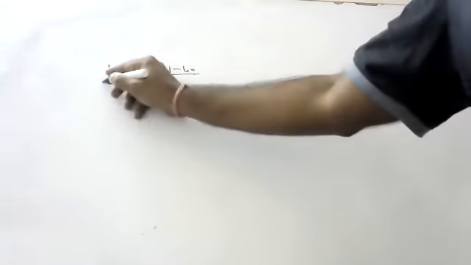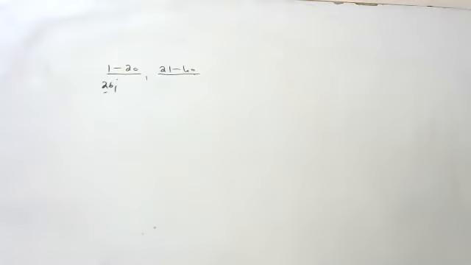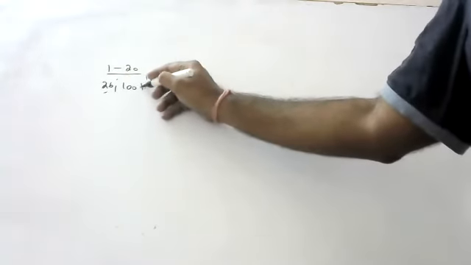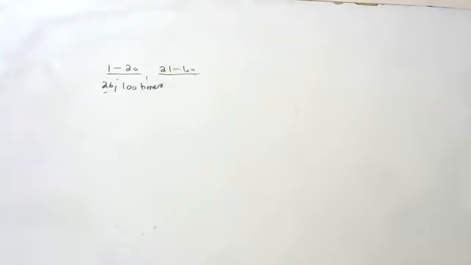Next, go to the 26th question, children. The die was rolled 100 times, and the number of times 6 appeared was noted.